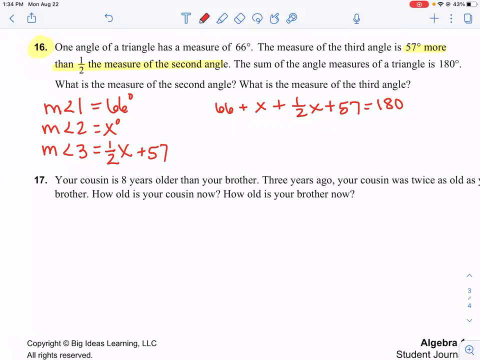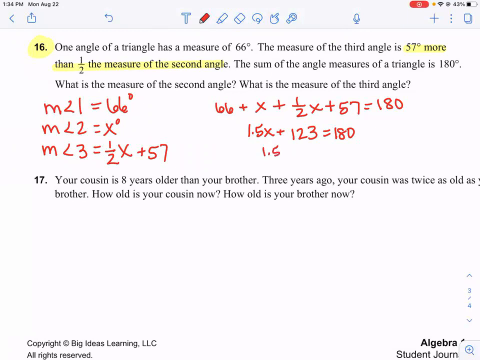Okay, so now what is 66 plus 57? 123? That looks about good. Only about good? Okay. And what's x plus 1/2 x? 1.5 x. Okay. So you either need to write 1.5x or you need to write 3/2 x.